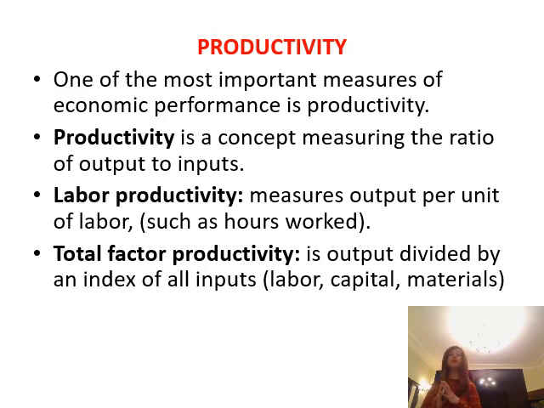We are interested in output per unit of all inputs used. Why? Because we would like to know whether productivity grows over time or not, whether the amount of output that can be produced from all inputs can be increased rapidly over time or not.